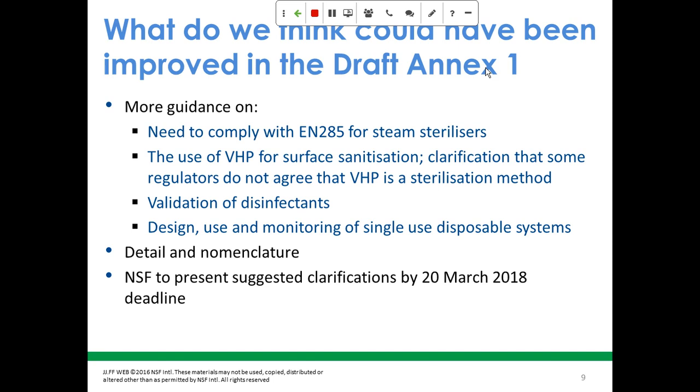So the risk with VHP is that, of course, it's not penetrating, and it also depends upon meticulously clean surfaces, and is not considered a suitable sterilization method by some regulators. So we wanted clarification on how VHP would be viewed by the regulators.